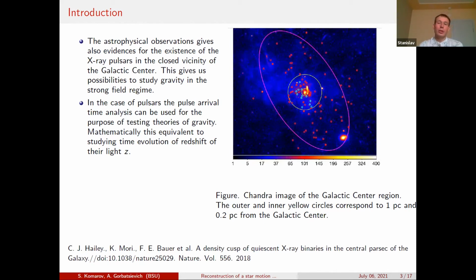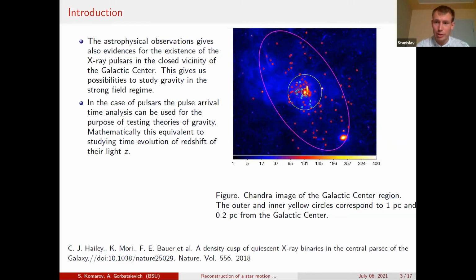And also we know that pulsars are very stable sources of pulsed electromagnetic emission, and due to this it is possible also to obtain very useful data from measuring such pulses of electromagnetic radiation.